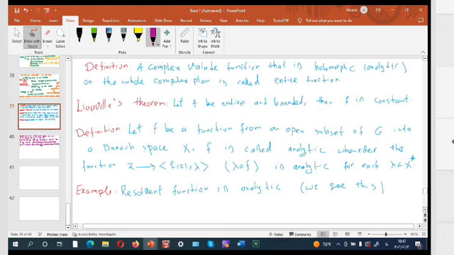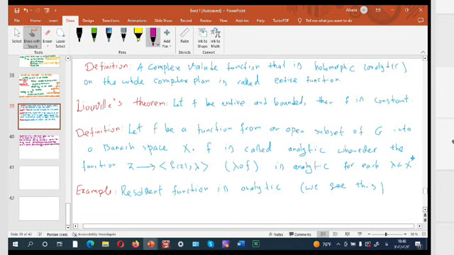Okay, if a function is analytic on all complex numbers, we say this is entire. And we have Liouville's theorem. Let f be entire and bounded, then f is a constant function. Okay, we use Liouville's theorem in the proof of our proposition. I recall this for you.